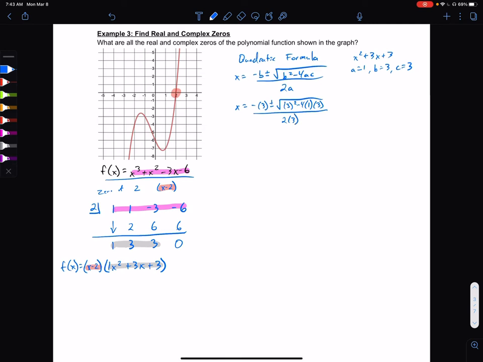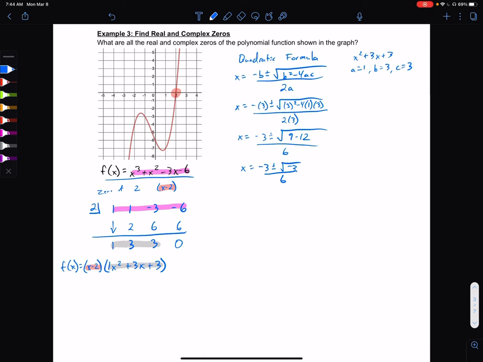So I'm going to simplify this. Start doing whatever you can to get this answer. 3 squared would be 9. 4 times 1 times 3 is going to be 12. And then 2 times 3 would be 6. So x is equal to negative 3 plus or minus the square root of negative 3 over 6.